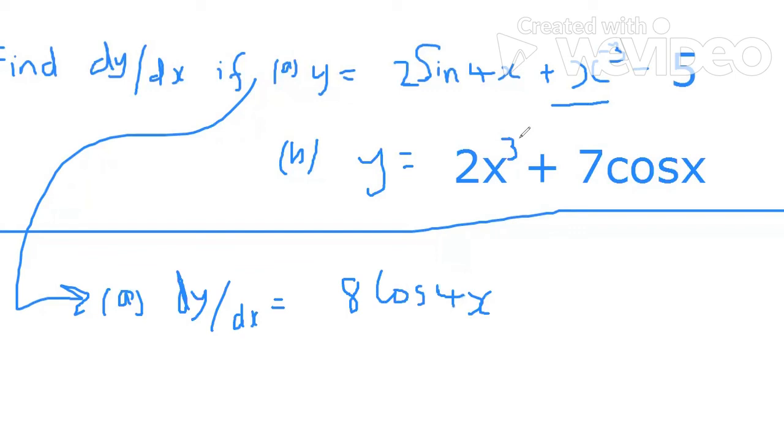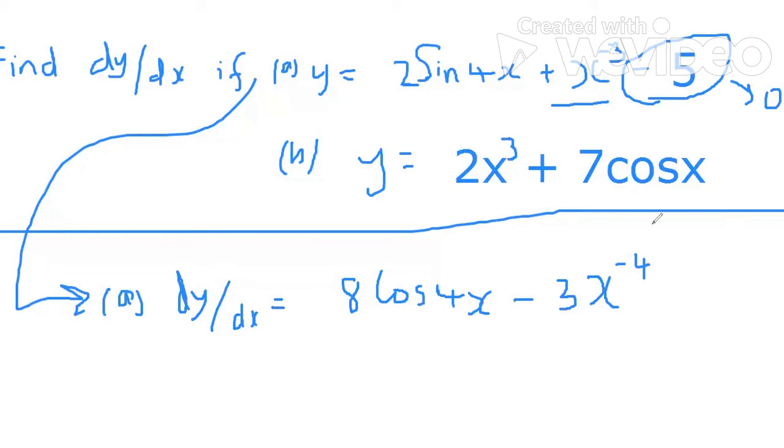Now the second part, 3x to the negative 4. Well, it will be negative 3 x to the what? Negative 4, right? How about when you differentiate negative 5? You get 0. But you see a negative in front there. Well, it doesn't matter. Negative or positive, you get a 0.